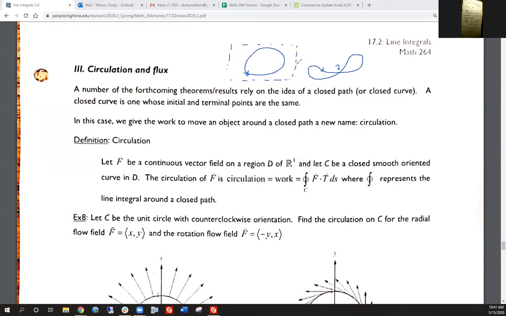It's not that we can't apply it to figure eights, but we're going to mostly leave those behind. So in this case, we give the work to move an object around a closed path a new name, and so our new term is circulation. You can think about it as its own thing, like a physics quantity, but you could also think about it as a special case of work.